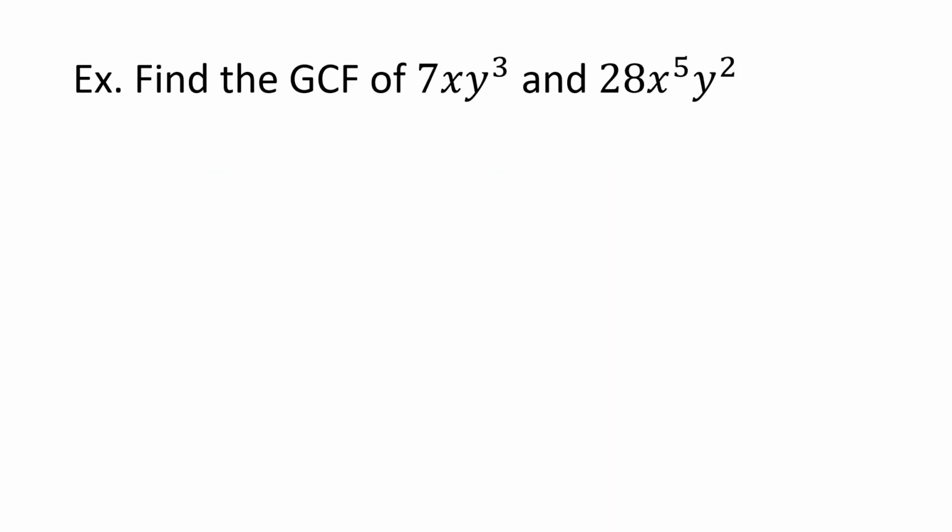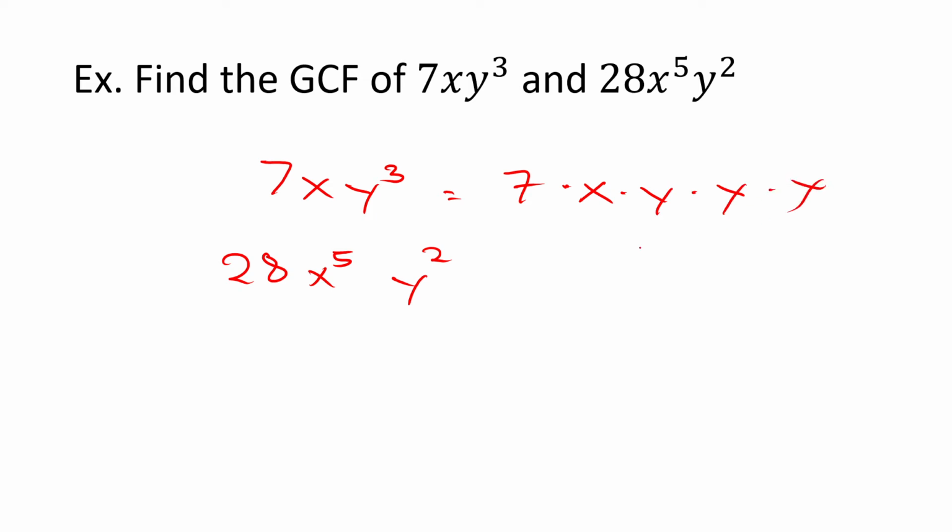Another example, 7xy to the third and 28x to the fifth y squared. So if you list them, 7xy to the third is 7 times x times y times y times y, and 28x to the fifth y squared is 2 times 2 times 7 times x times x times x times x times x times y times y.